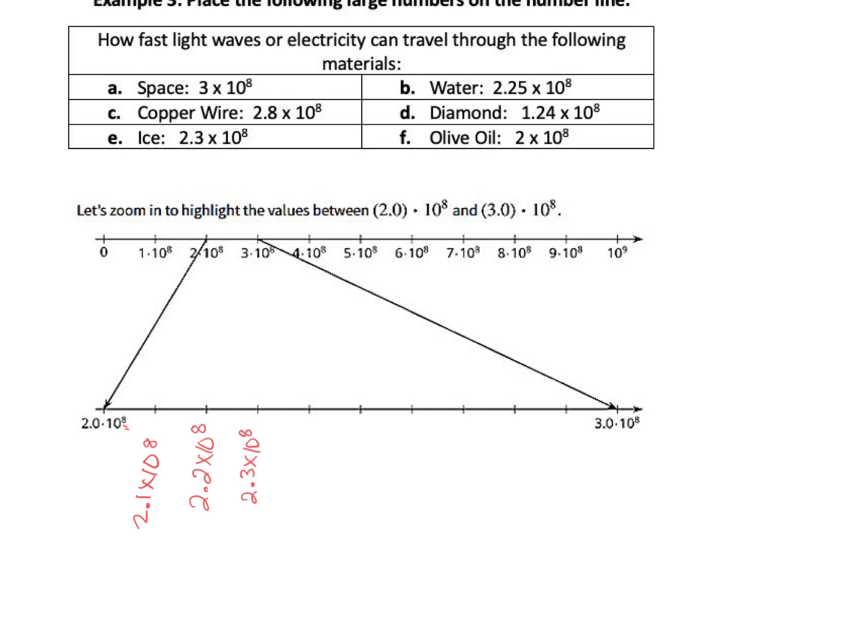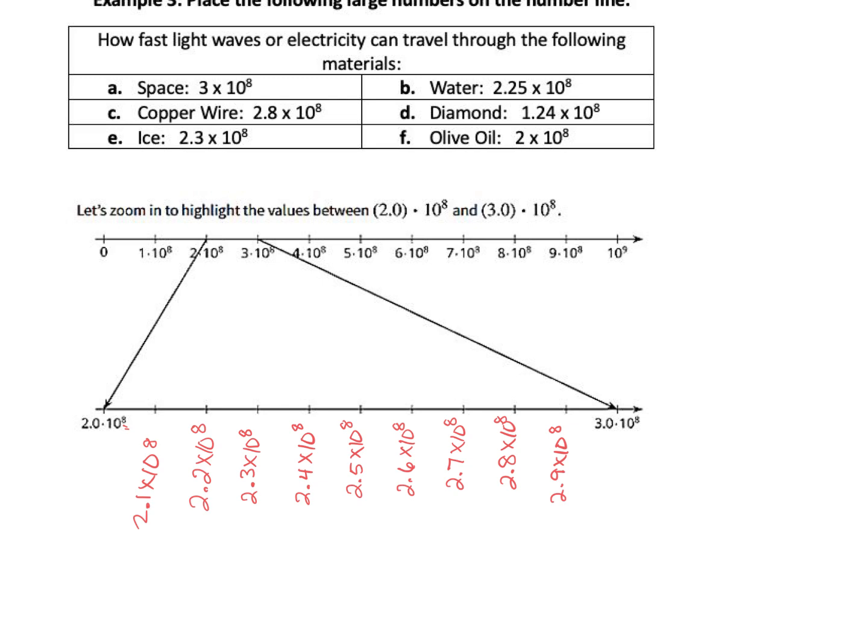Notice how we are going up just that decimal point between 2 and 3, that tenth position. So 2.5 times 10 to the 8th, 2.6, 2.7, 2.8, 2.9, and then notice how we have the 3.0 times 10 to the 8th.